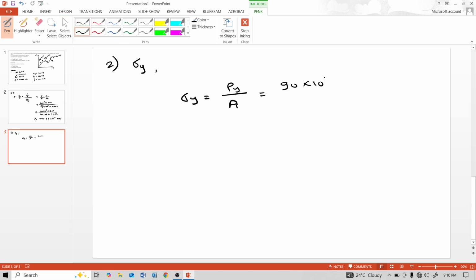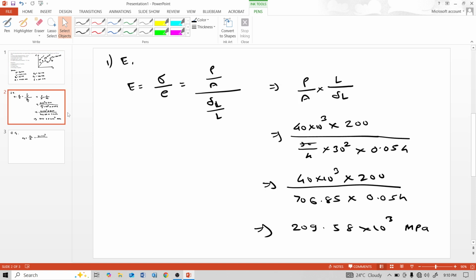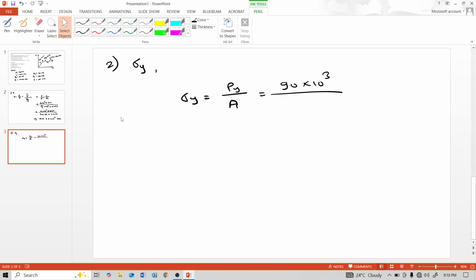Converting into Newton, 90 into 10 raised to 3 upon the area of that 30 mm diameter bar, 706.85, which gives 127.33. The stress unit is Newton per mm square, since load is in Newton and area is in mm square, and Newton per mm square is MPa, so yield stress comes to 127.33 MPa.